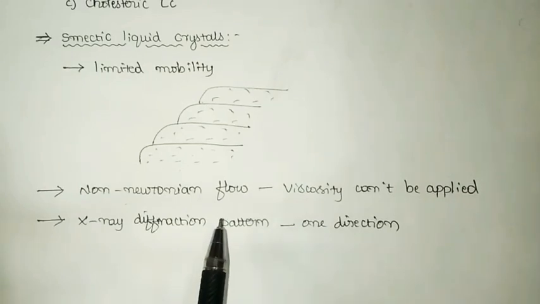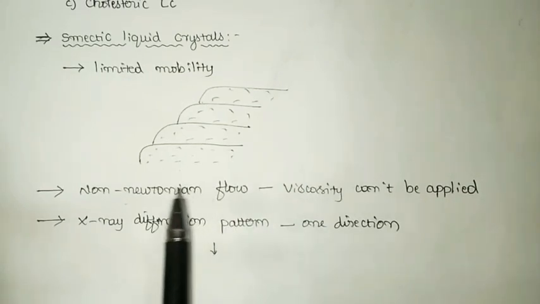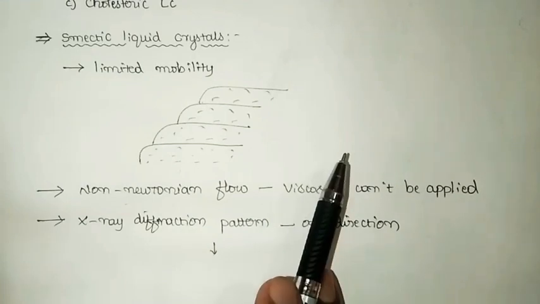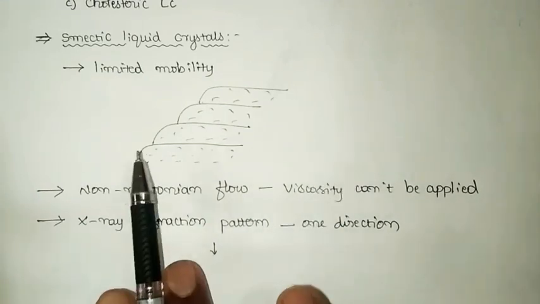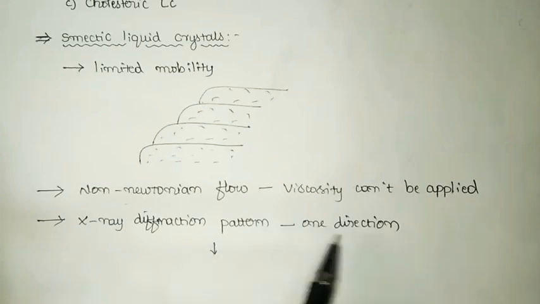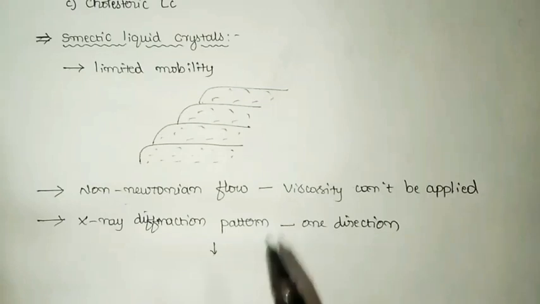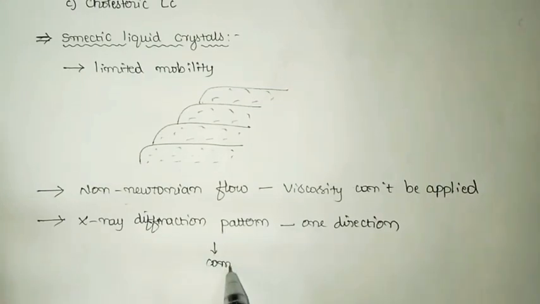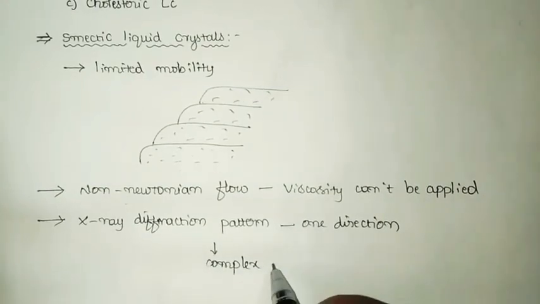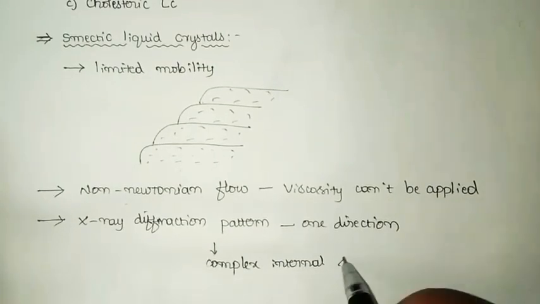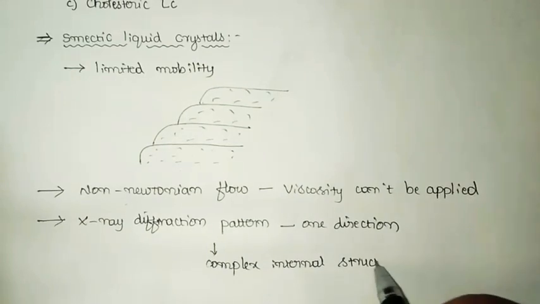But for a normal crystalline solid, the diffraction patterns appear in more than one direction, whereas in smectic liquid crystals the X-ray diffraction patterns are always in one direction. The reason for this is the complex internal structure of the smectic liquid crystals.